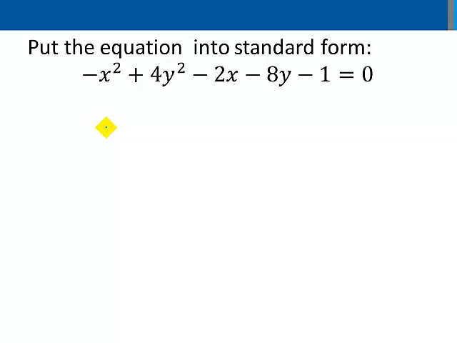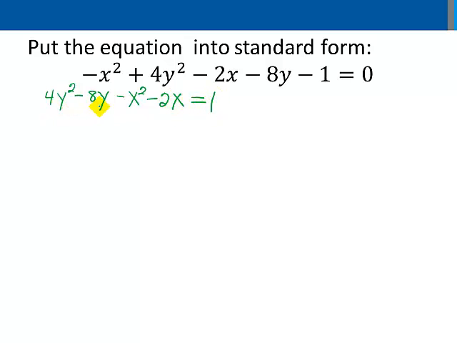Next, let's put this equation into standard form: negative x squared plus 4y squared minus 2x minus 8y minus 1 equals 0. And I can see that the negative here is in front of the x squared, and so I'm going to put the 4y squared first, followed by minus 8y, then minus x squared minus 2x equals 1.